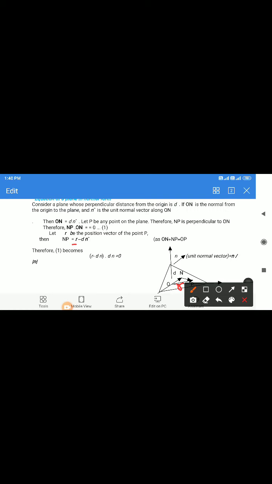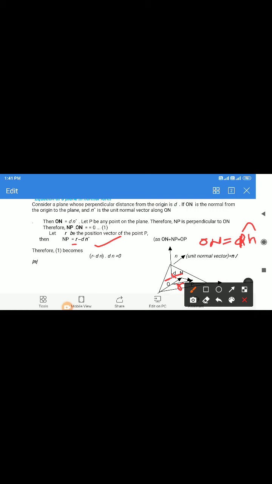A normal unit vector is suppose n. And d is the distance from origin. So ON will be equal to d into unit vector. So NP will be OP minus ON, that will be R minus dn.